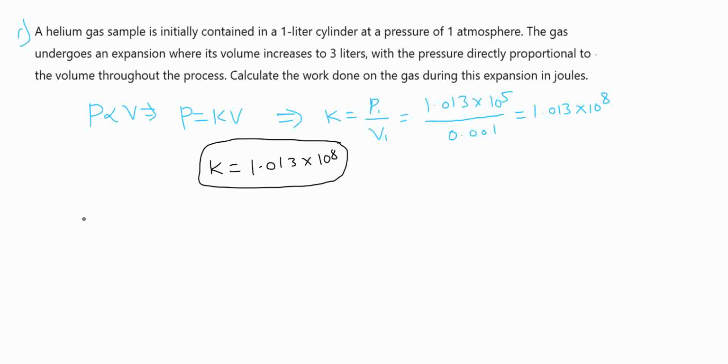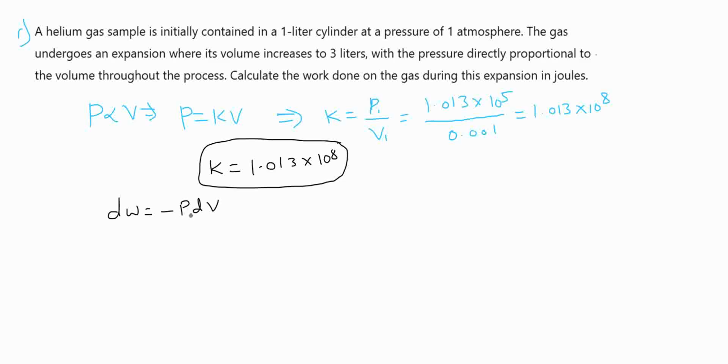We have to calculate the work done on the gas during this expansion. Work done on the gas, or on the system, is equal to minus PdV. When work is done on the system or gas, it will lead to compression, so compression will lead to dV being negative.